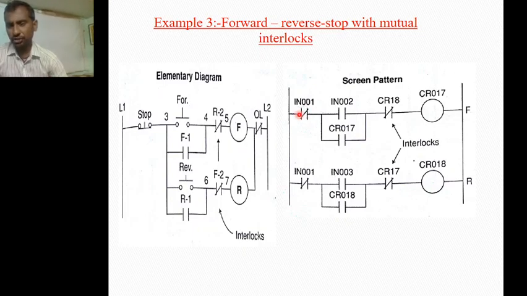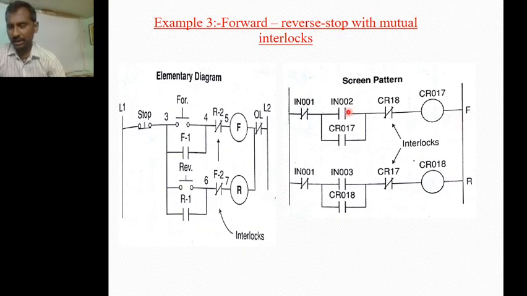So IN001 represents the stop contact, IN002 is the start contact for the forward direction, and IN003 is the start contact for the reverse direction. So first I want to rotate the motor in the forward direction. Then what happens?